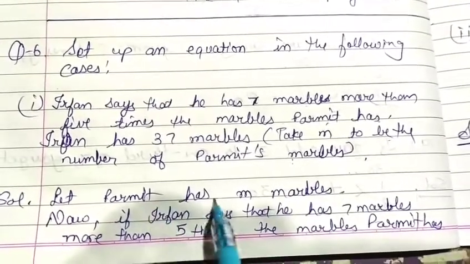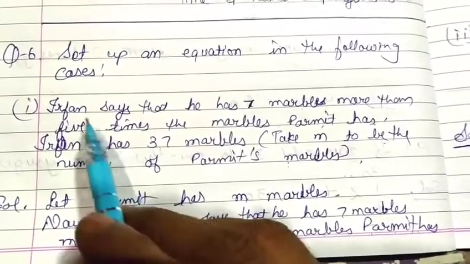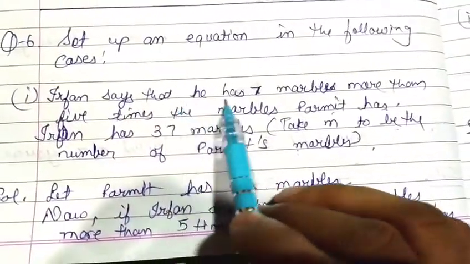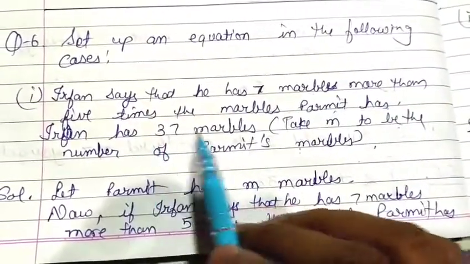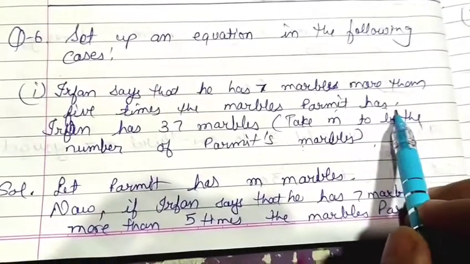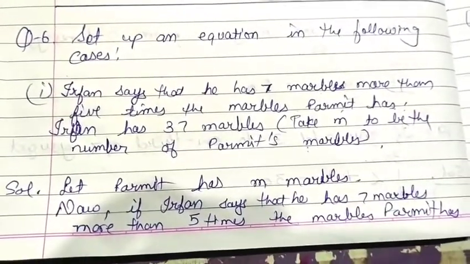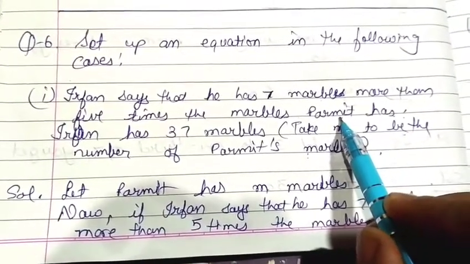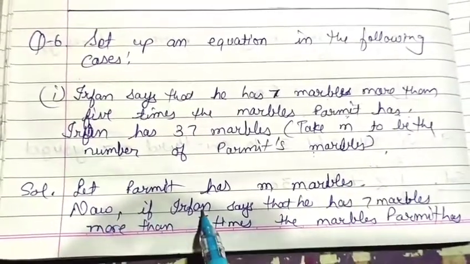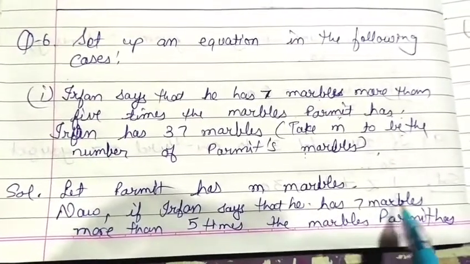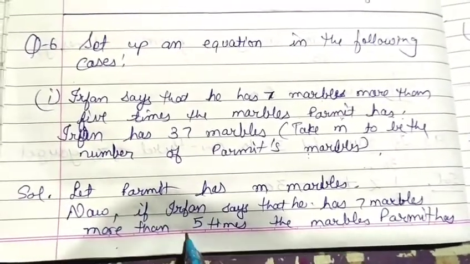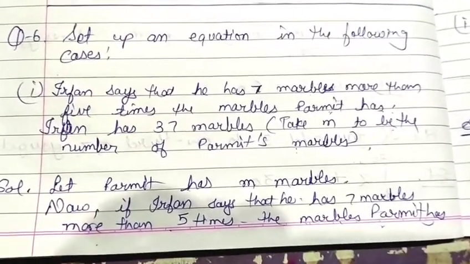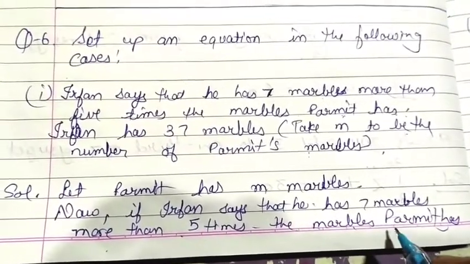Write down: let Parmeet have m marbles. Now here the condition for Irfan is given. Irfan says that he has 7 marbles more than 5 times the marbles Parmeet has. We don't know the number of marbles Parmeet has, so we suppose that the number of marbles Parmeet has is m.